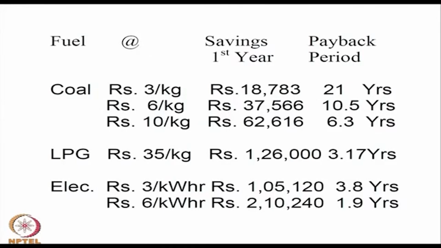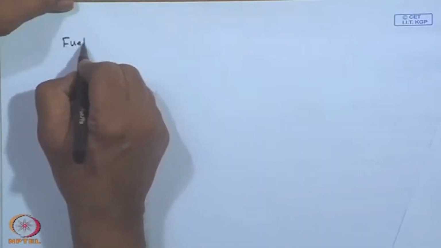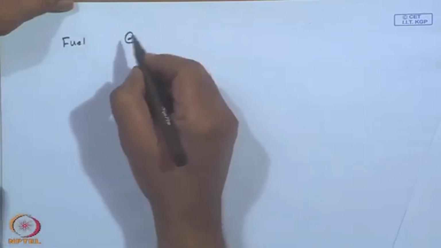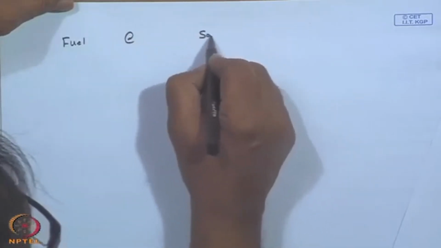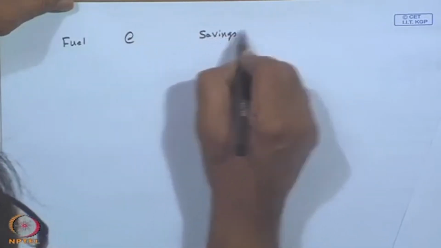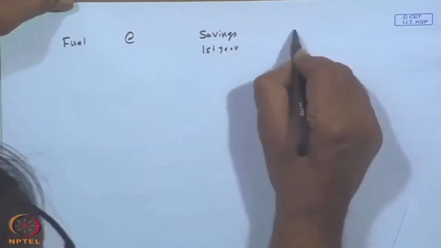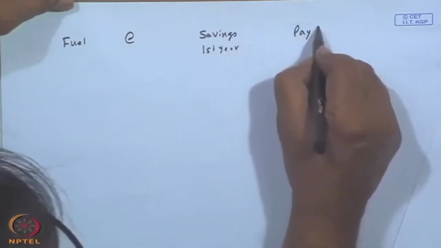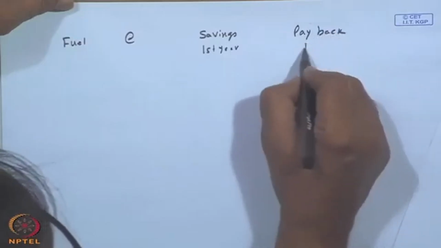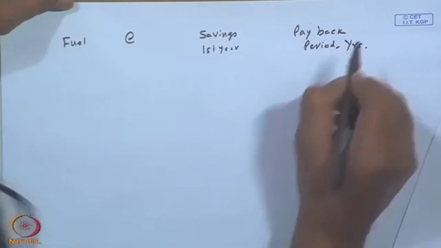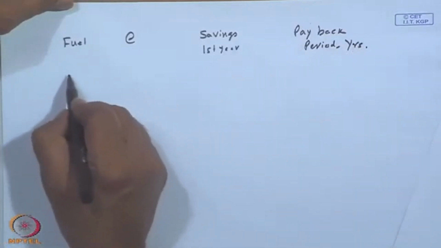So, in a simple form of table I have shown here the fuel, the savings in the first year, and the payback period in years.